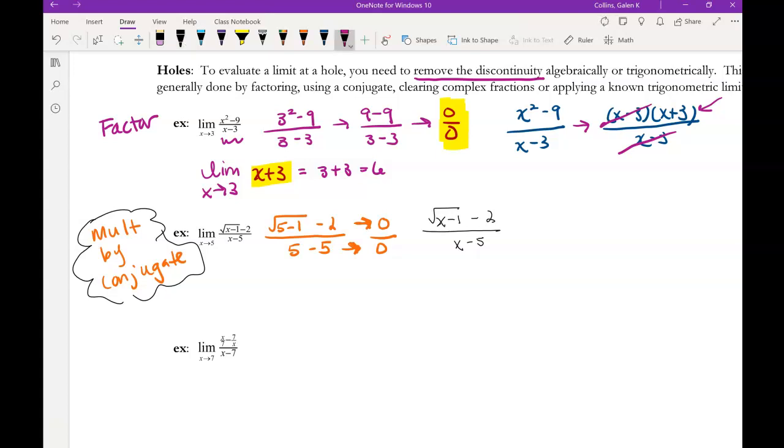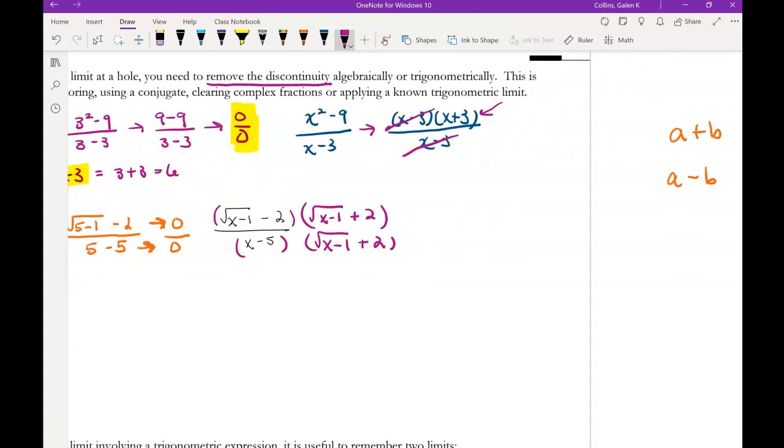So the conjugate of the numerator is going to be the square root of x minus 1 plus 2. And we're going to multiply the top and the bottom of the function by the square root of x minus 1 plus 2.